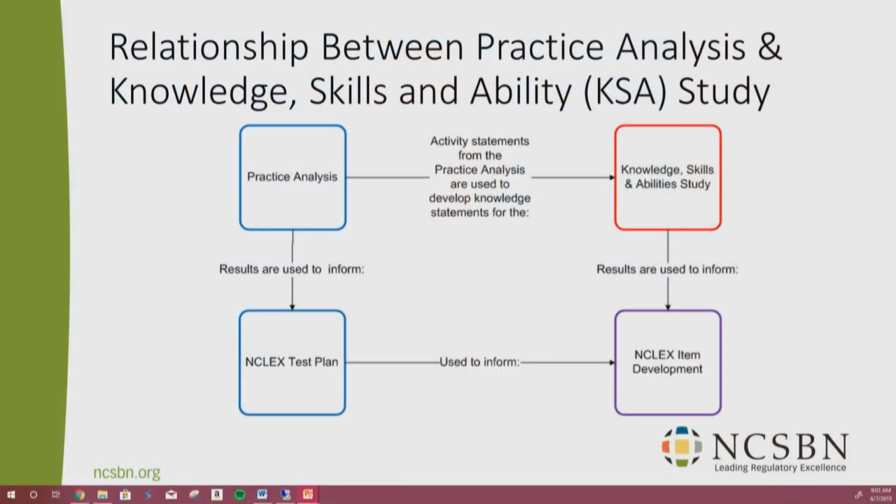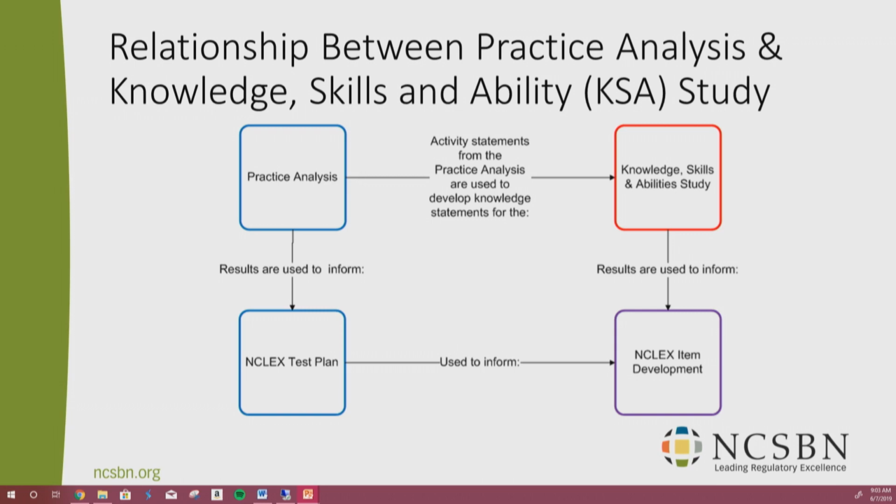Why is that important? Because you can see in this squared circle, as it were, that everything leads to the item development. Meaning that if it is important in a practice analysis, then that ends up on the exam. The exam is always tied to activities or competencies from practice analysis.